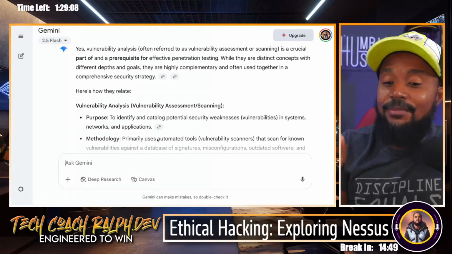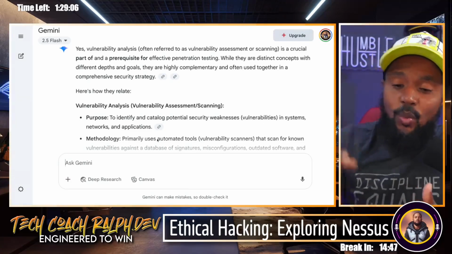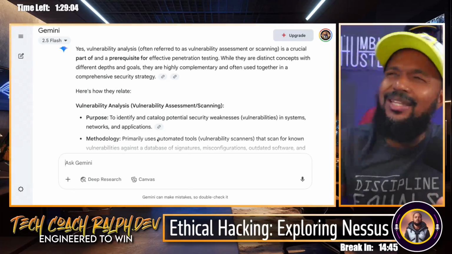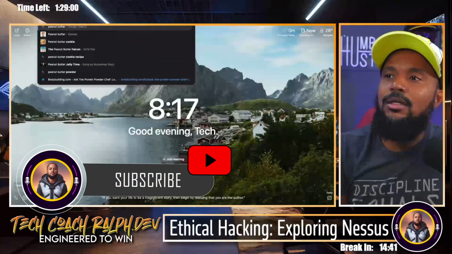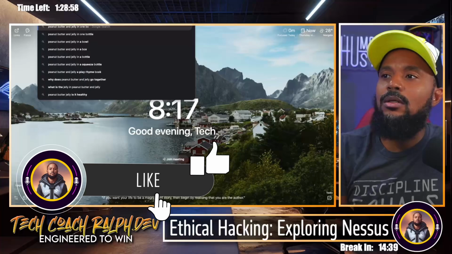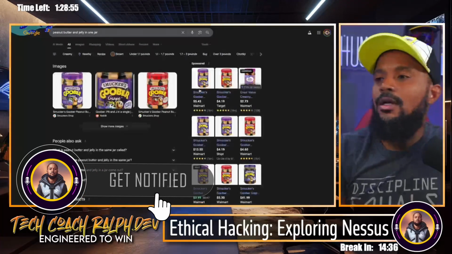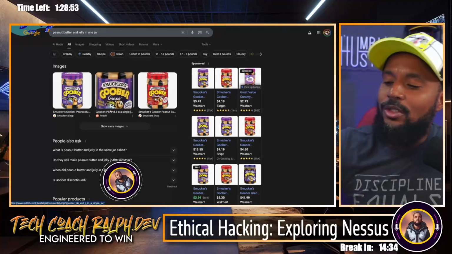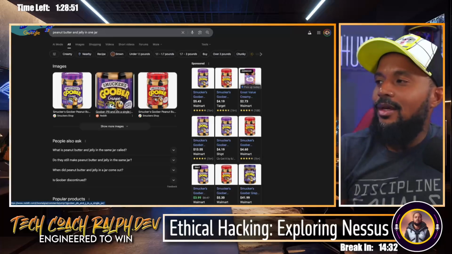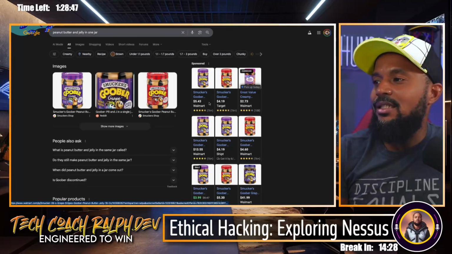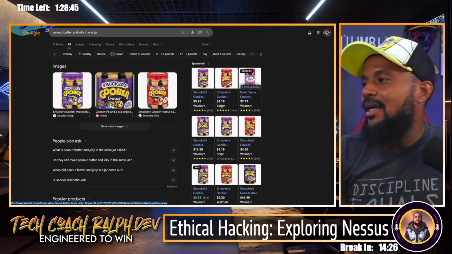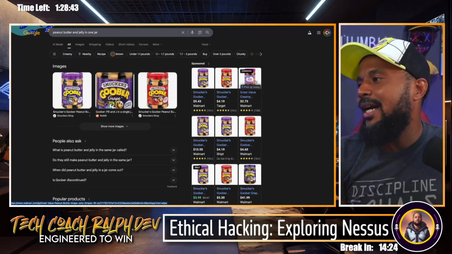However, they do have the peanut butter and jelly that is all in one jar. I forgot the name. Let's see. Peanut butter and jelly in one jar. The Goober. Shout out to the Goober. And for those who don't want to pay the $4.19 or the $5.43 for the Goober, they can get the Walmart brand Creamy Stripes.